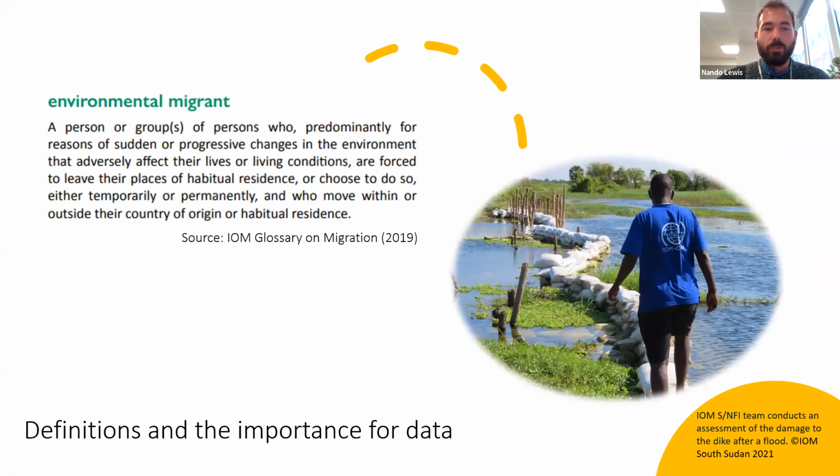Defining who falls within the boundaries of this term environmental migrant may be challenging, and a multiplicity of factors influencing or forcing a person to move hinder the understanding of who is actually moving due to the impact of climate change, especially in contexts of slow onset environmental degradation.